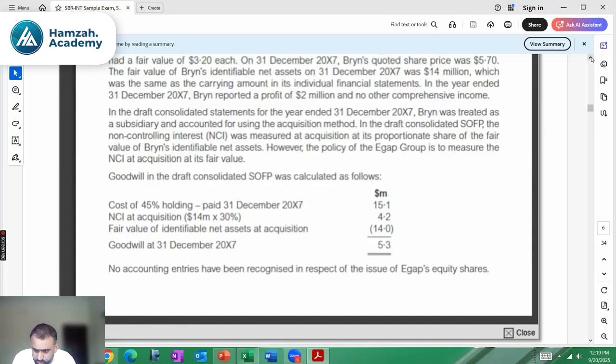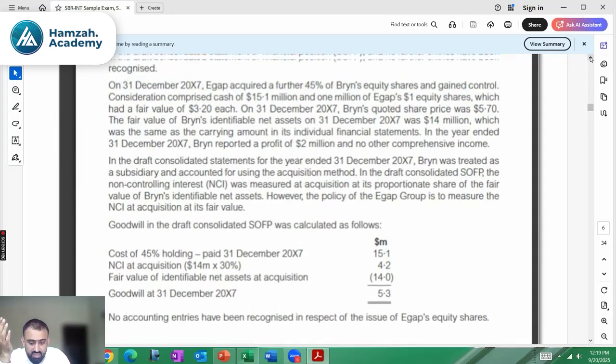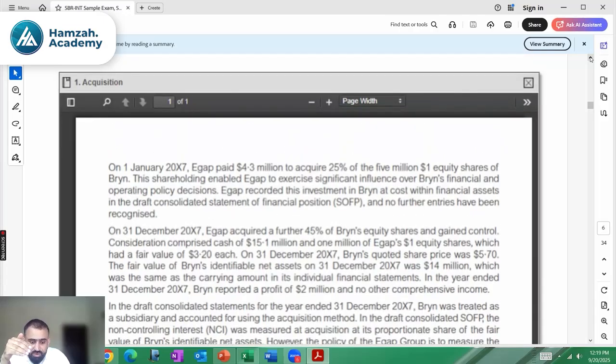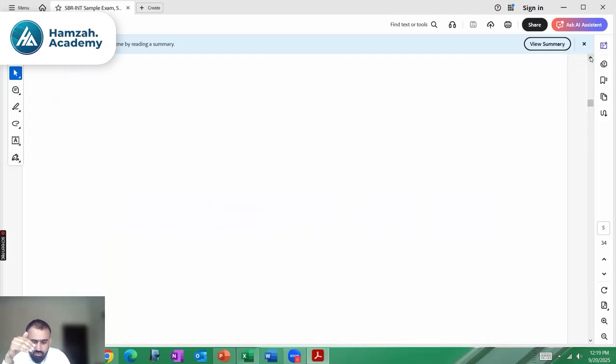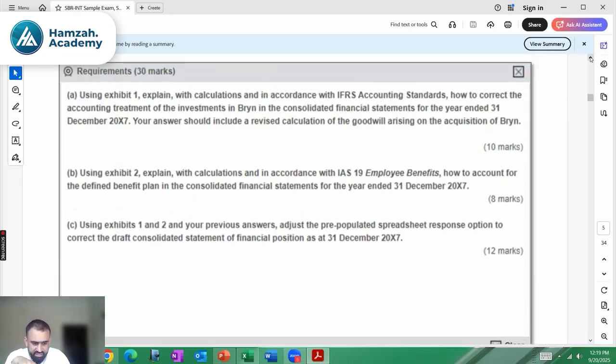Now, using this exhibit 1, the first requirement is to discuss the accounting treatment of the acquisition of the subsidiary and the consideration. As you can see here, using exhibit 1, explain with calculation and in accordance with IFRS accounting standards how to correct the accounting treatment of the investment in B company in a consolidated financial statement for the year ended 31st December 2007.